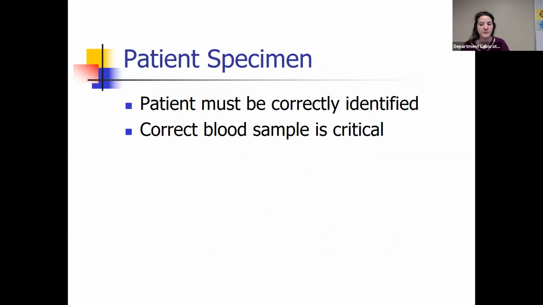All right, so your patient must be correctly identified. So that patient sample and patient request must match, and all of your patient information must match what's in your computer system as well. You'll see this a lot with females. And here at UAMS, we would have patients that were born here 20 years ago, and now they're here maybe delivering a baby.